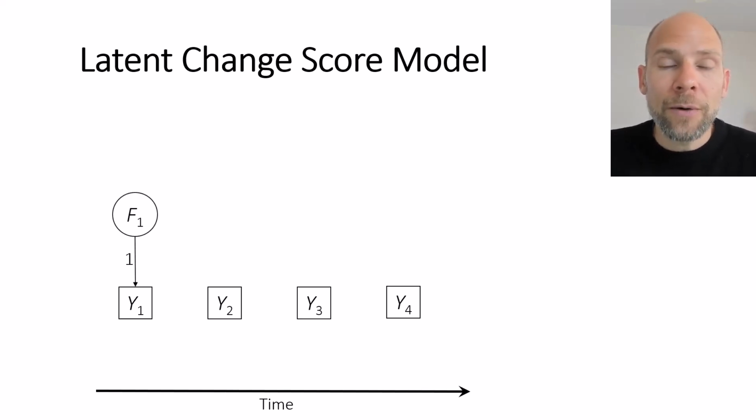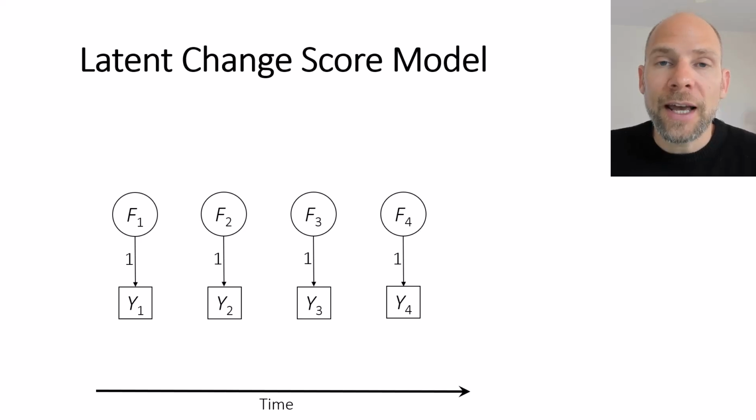But now we have a factor at time 1 again, so F1, but we also have factors at each of the other time points in this model. So F2 is the true score at time 2, F3 is the true score at time 3, and F4 is the true score variable at time 4.